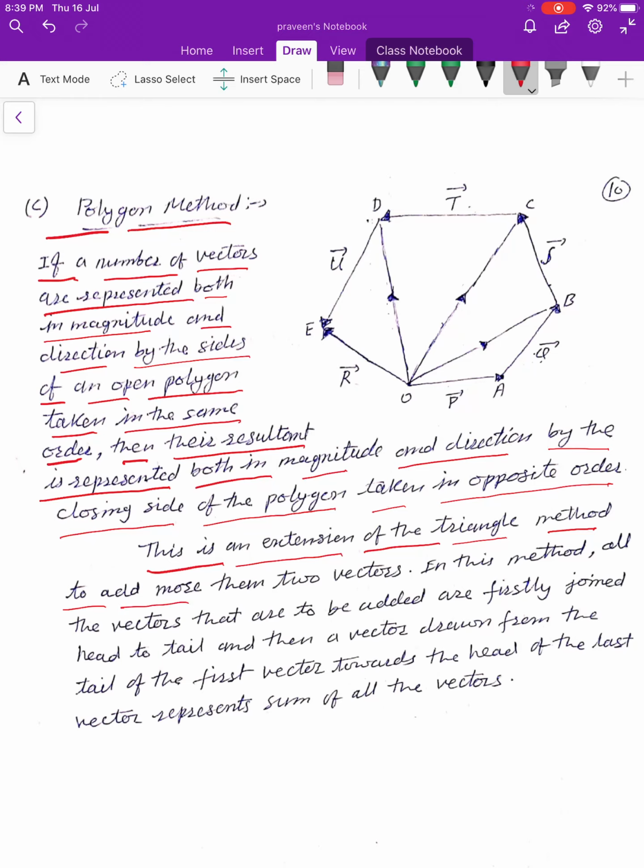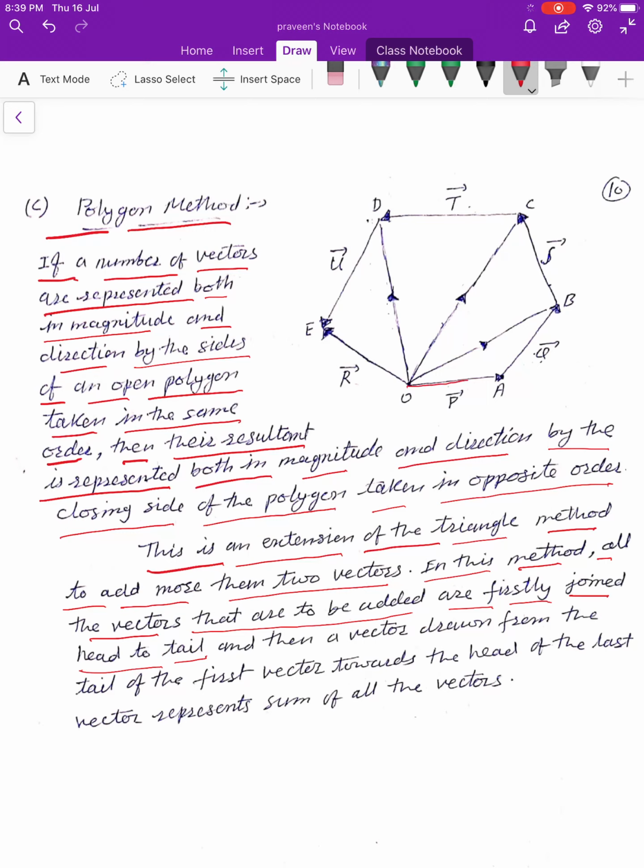To add more than two vectors in this method, all the vectors that are to be added are first joined head to tail.